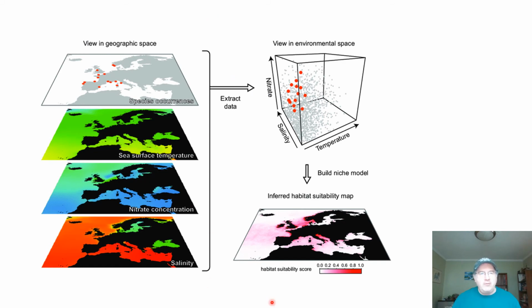And here's just a graphic representation of the idea. So we have species occurrence records up here, then a series of environmental variables expressed as maps, right? So this is sea surface temperature, nitrate concentration in the water, salinity. This example was dealing with some sort of oceanic creature.